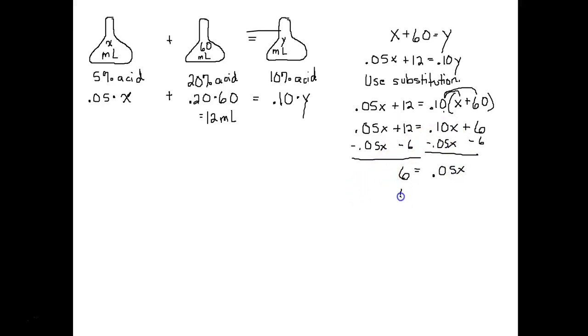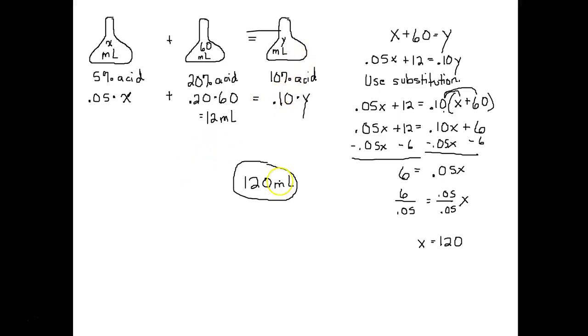So divide both sides by 0.05. I'm going to get x equals 120. So he's going to need 120 milliliters of the first solution to mix with 60 milliliters of the second solution to get your final result.